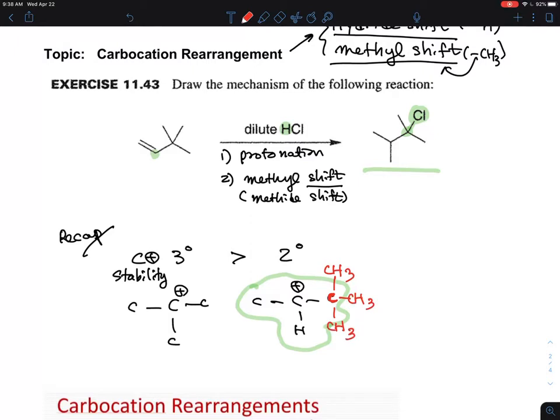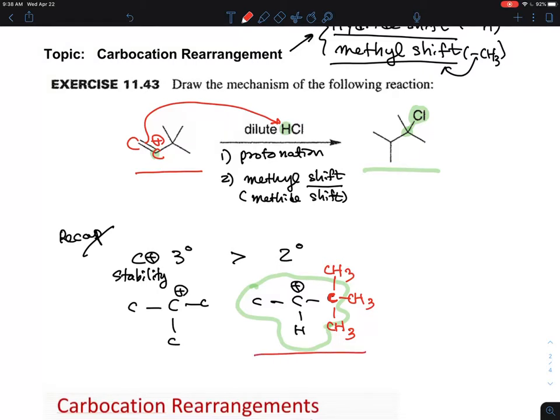If you look at this problem here, you have this carbon, and then it develops a positive charge here, and upon the dilute HCl, this double bond will form a bond with a hydrogen, and they develop the positive charge just like you see up here.